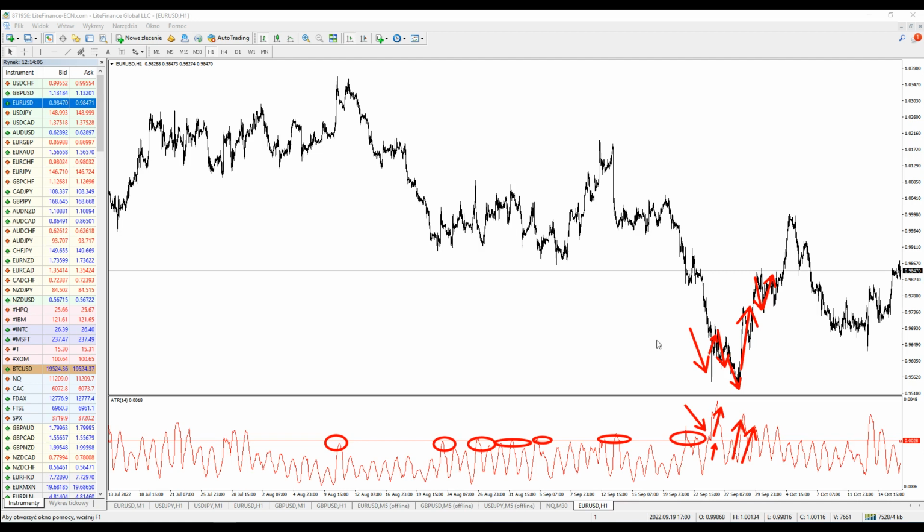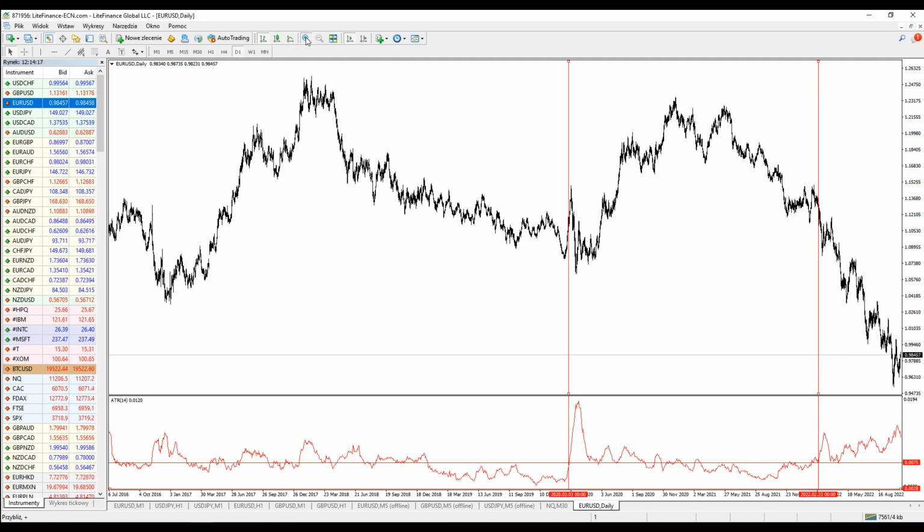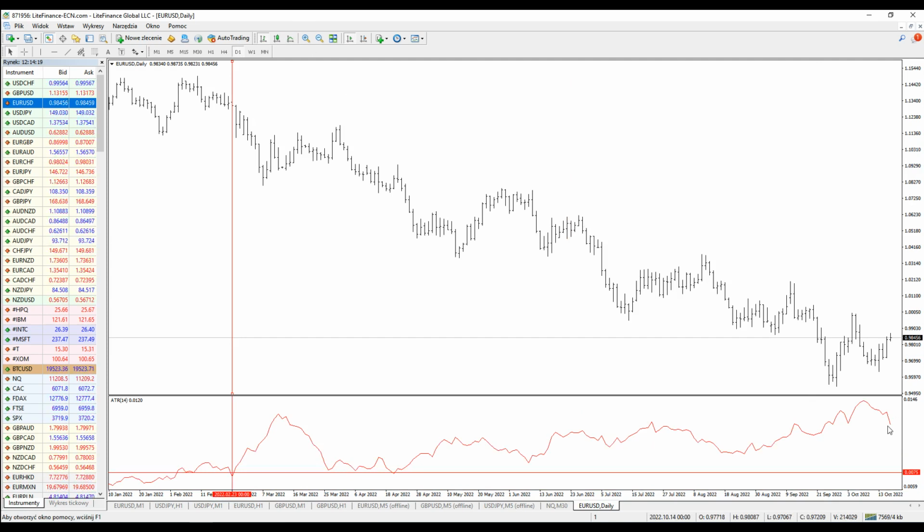In that case, we have the setup of 14 here, meaning that when we switch back to the daily chart, it's showing that over the last 14 days, 120 pips is an average.